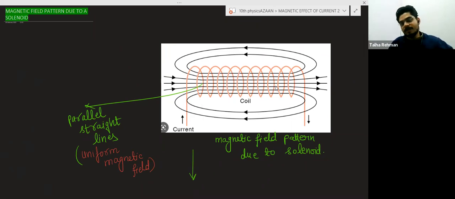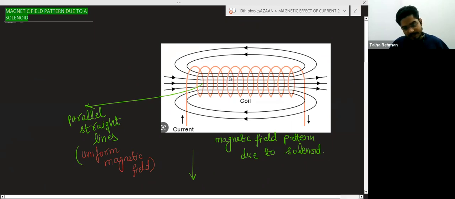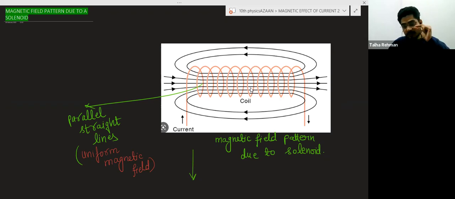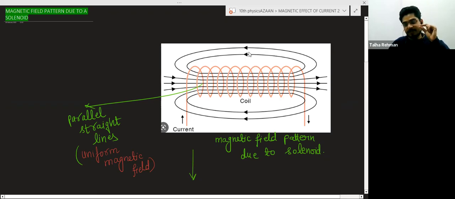And one more thing, you can see here inside the solenoid, the magnetic field lines are very close. Outside the solenoid, the magnetic field lines are far apart. So inside the solenoid the magnetic field strength is more, because the field lines are close, and outside the magnetic field is less, because the field lines are far apart as compared to the inside.